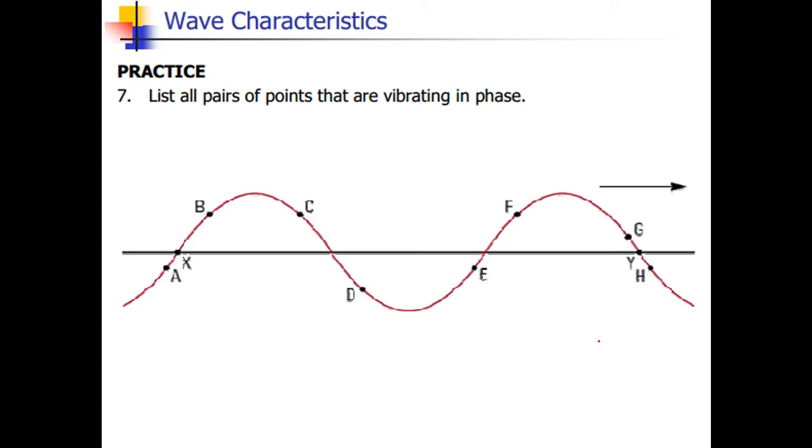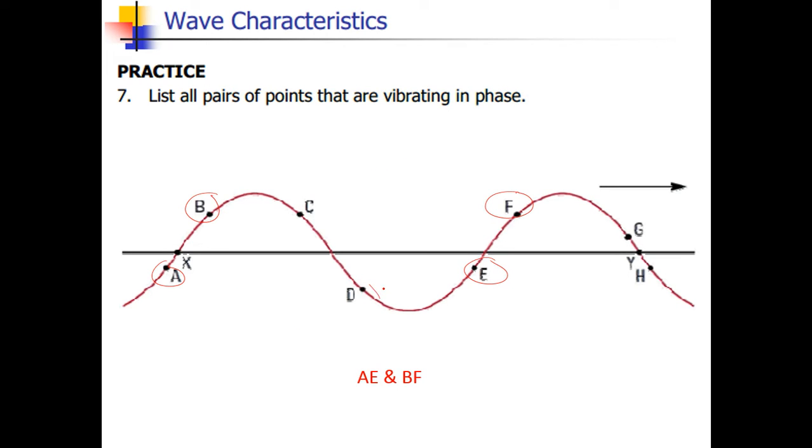B and F look great, as well as A and E. If you take a look here, B and F are in phase, and A and E are also in phase. Nothing else is in phase.